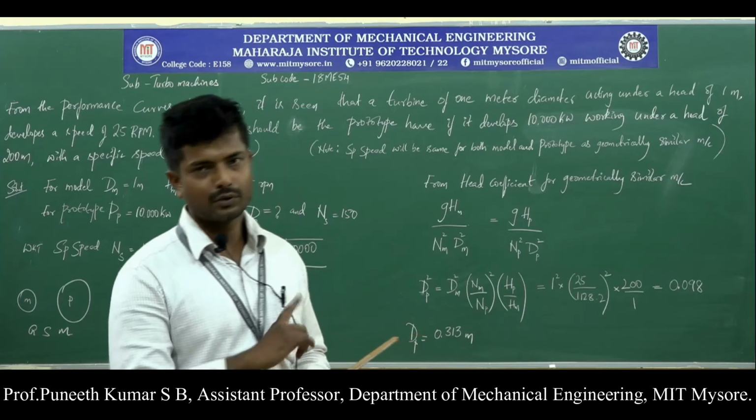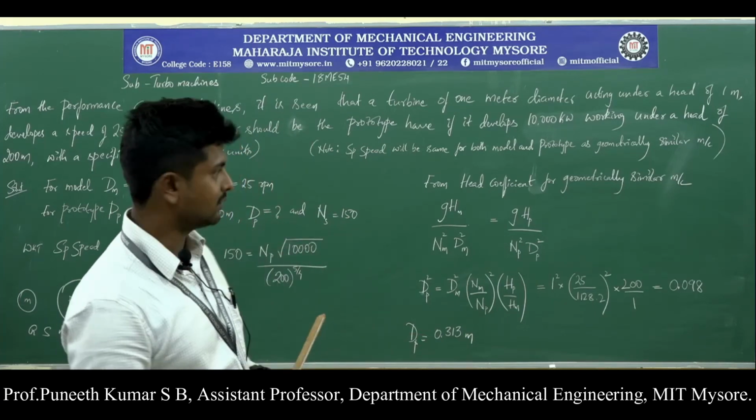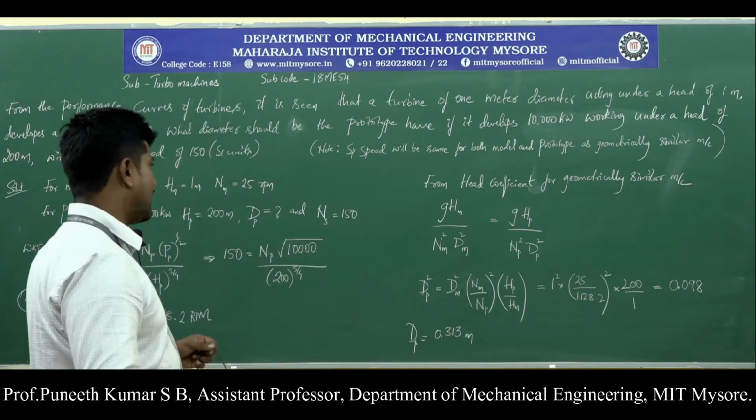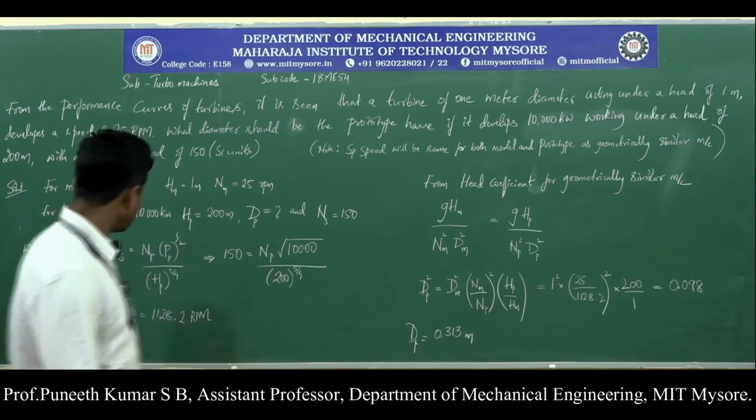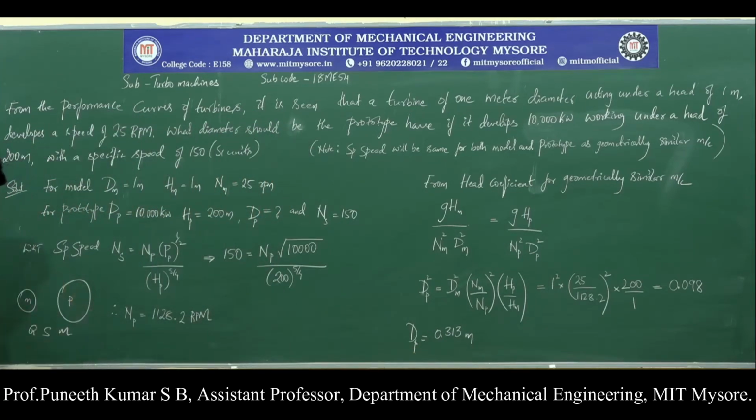So this problem is of that kind. We have a model and prototype to be solved. Pictorially, I have written this machine as a model, and the other one represents the prototype. The model I have represented small; usually it will be smaller compared to the prototype, though not always.